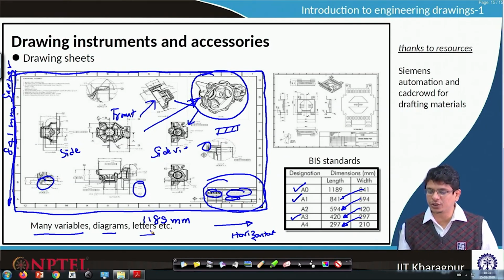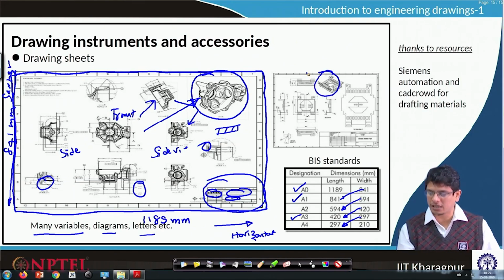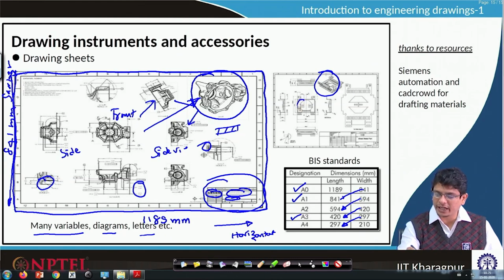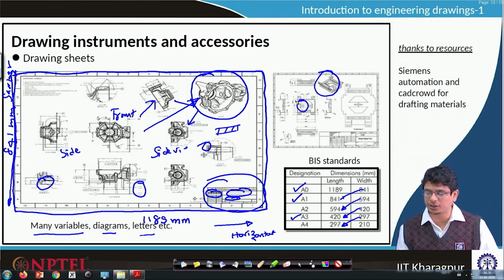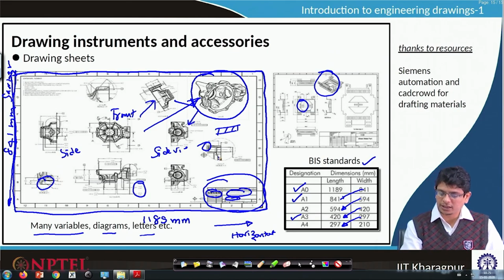Even for electrical engineering and electronics, if someone would like to manufacture a component, that component has to be represented clearly: the dimensions, the size, the intricate details, everything has to be represented. To summarize, a drawing sheet is the one on which we draw these sketches, and usually we recommend BIS standards. In that, the drawing and title will always be there.